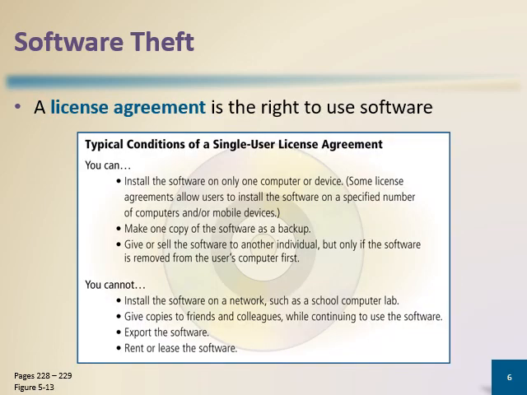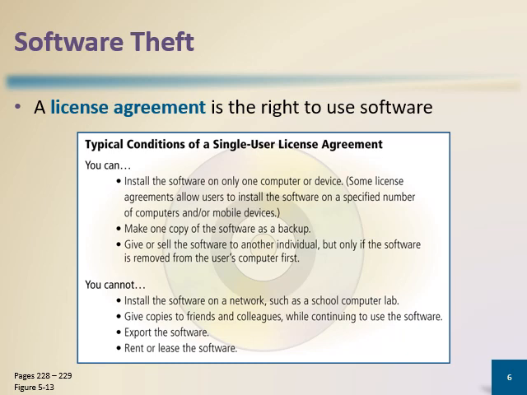Software theft can be prevented by various mechanisms. You can use a license agreement so that no one can make copies of your software. So a license agreement is the right to use the software, which has typical conditions such as a single user license agreement.